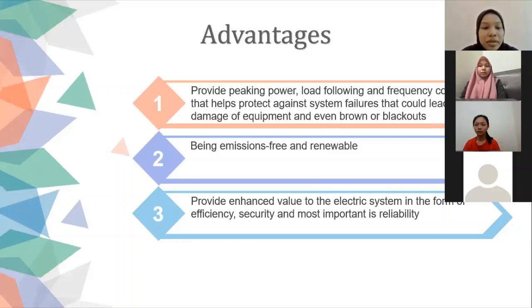They do not directly produce carbon dioxide. It is also renewable because it does not reduce the water resources it uses and does not require fuel. Hydroelectric power plants also provide enhanced value to the electric system in the form of efficiency, security, and most important is reliability.